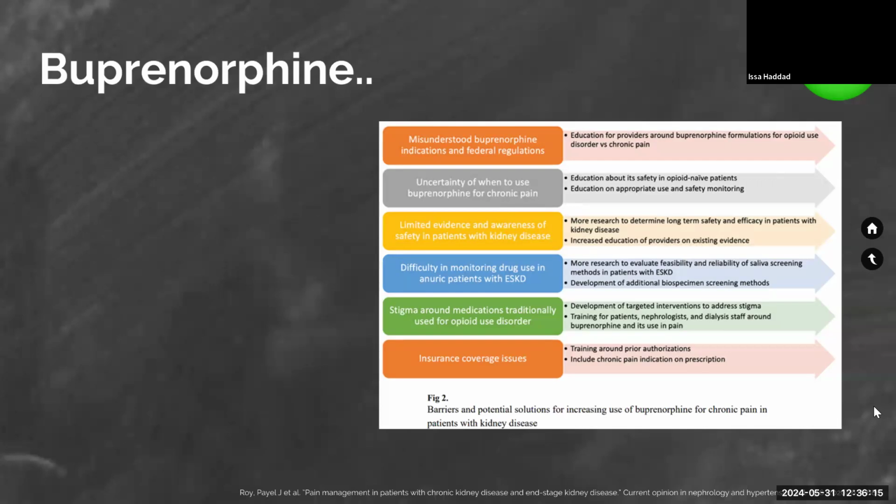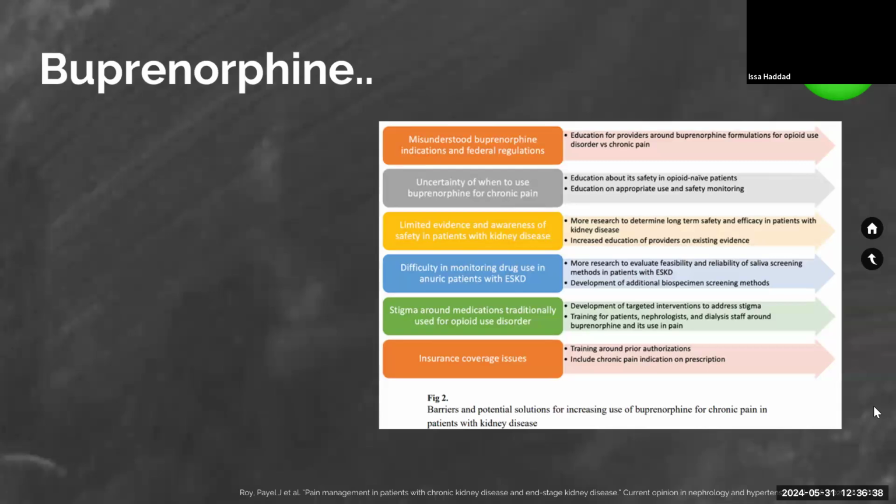I don't know why the US specifically is not allowing it and it needs a waiver, because as I mentioned, Canada now is using it as a pain medication, not only for opioid use disorder. So I don't really know, but I can look it up and get back to you about it.